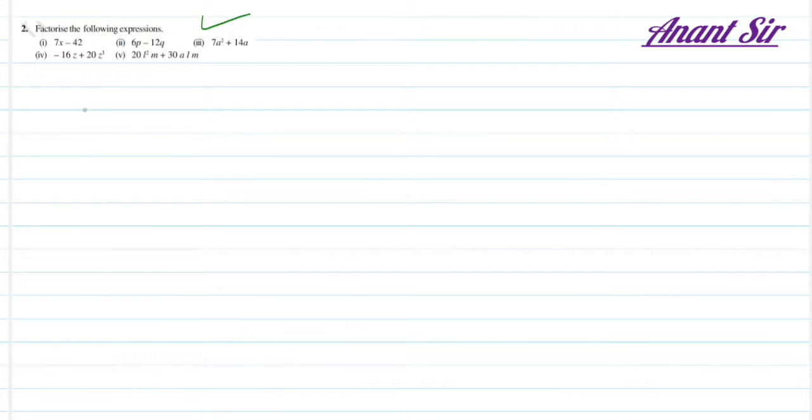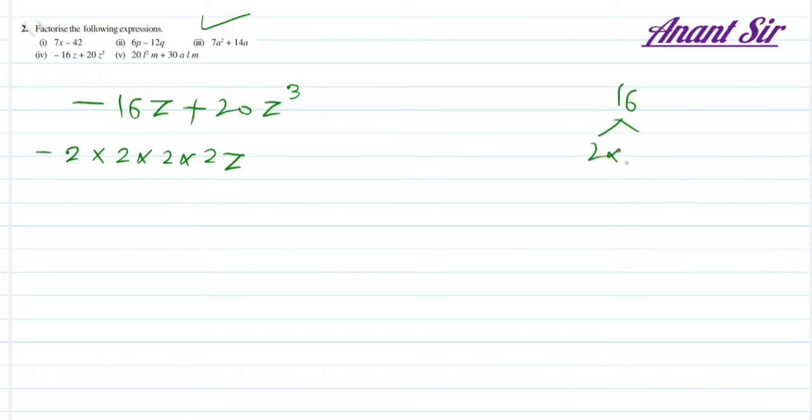Question number 4 is minus 16z plus 20z cube. So what you can do is write this, keep minus as it is, 2 times 2 times 2 times 2 into z if you find the prime factors. 16 is 2 times 8, then 8 can be written as 2 times 4, and 4 can be written as 2 times 2.